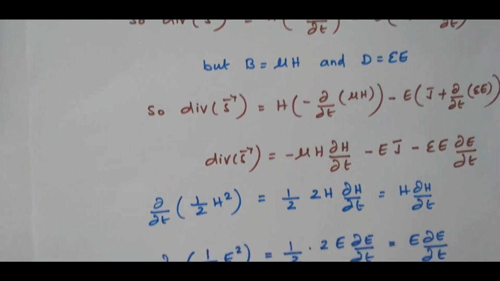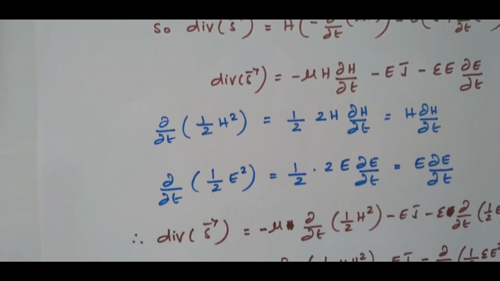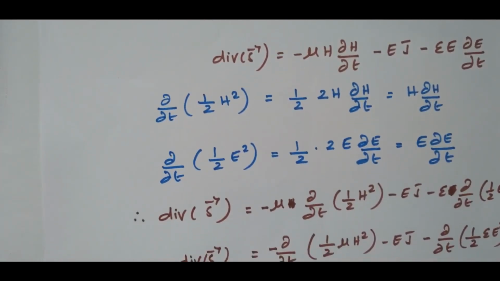I will go for further simplification. For example, dou by dou T of half H square.